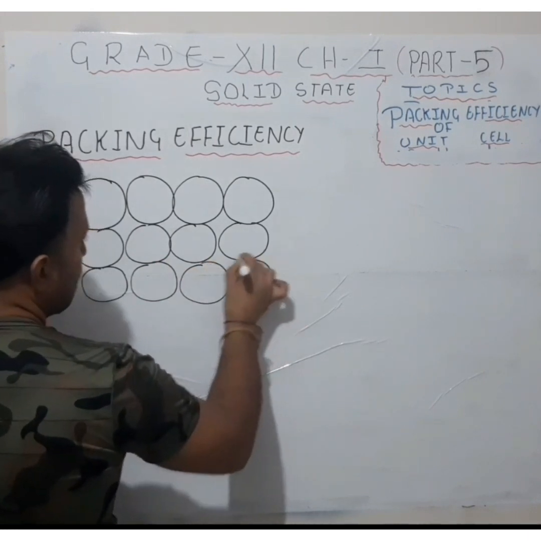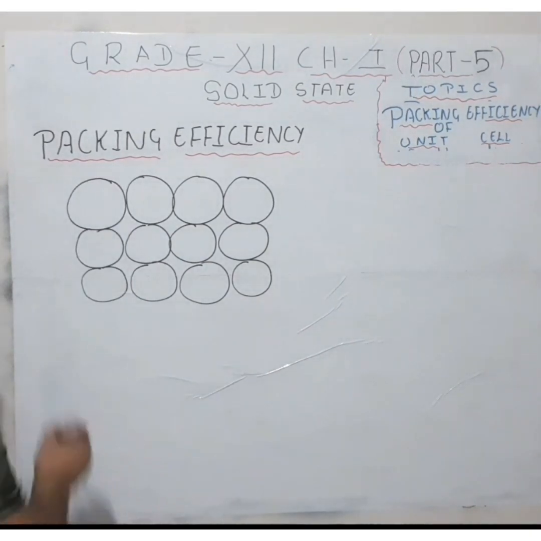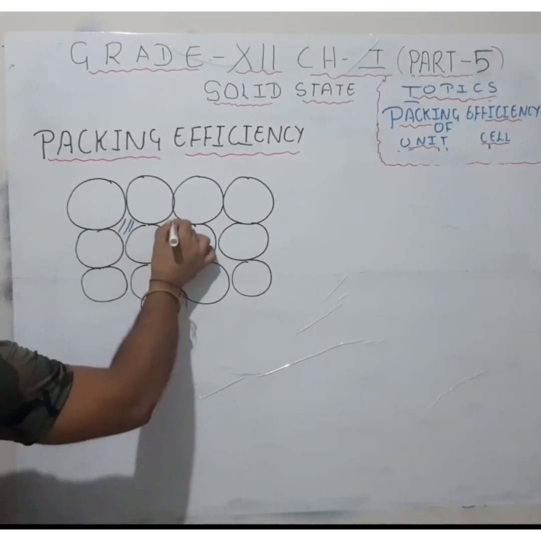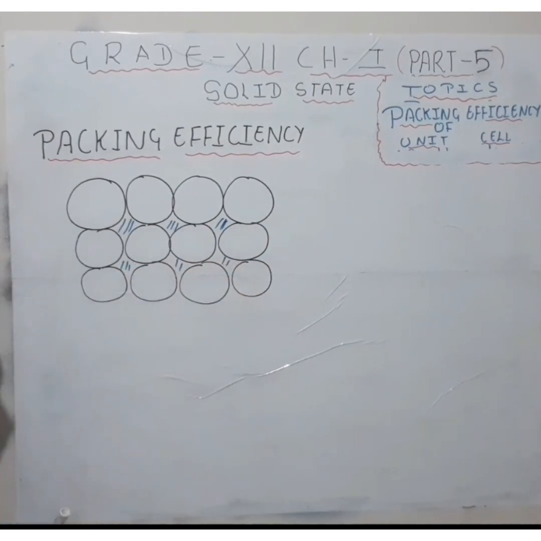These are the constituent particles present in specific positions, making a solid. But what you will find is that there will be some empty spaces left in between the particles which are forming that solid. Like this is the empty space, this is the empty space, this is the empty space, and so on.